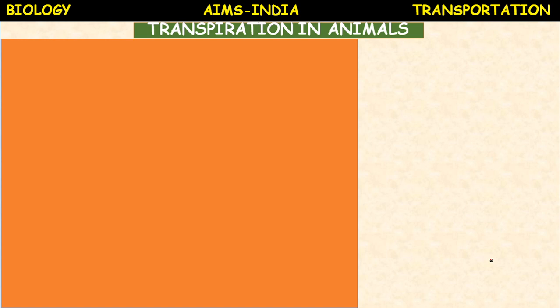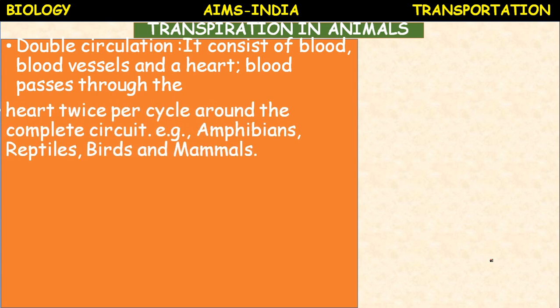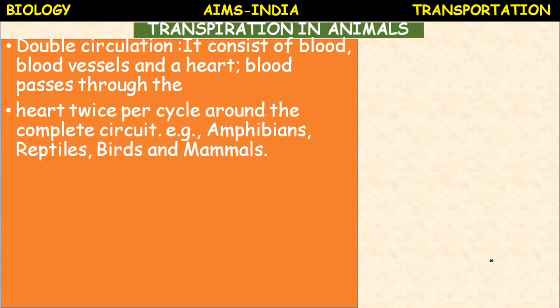Next, transportation in animals, double circulation. It consists of the blood vessels and heart. The blood passes through the heart twice per cycle, means 2 times around the complete circuit.